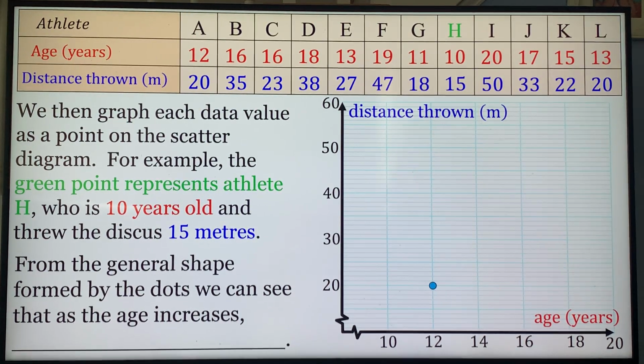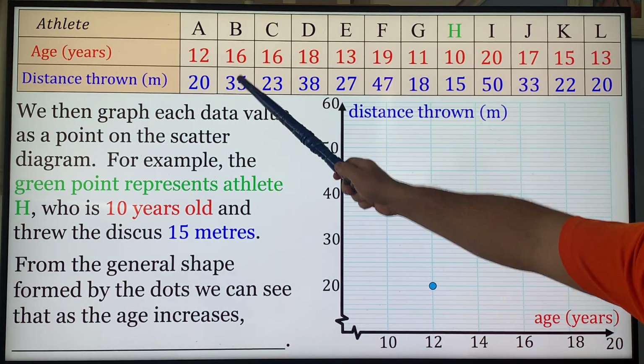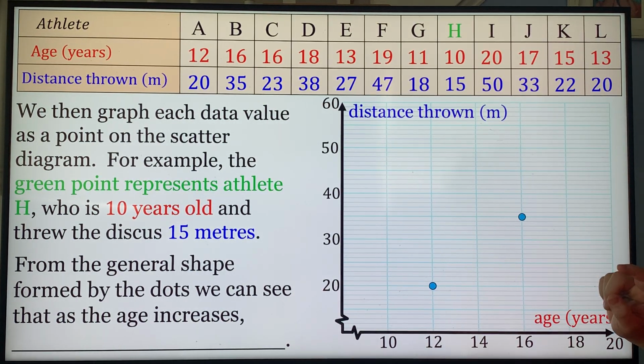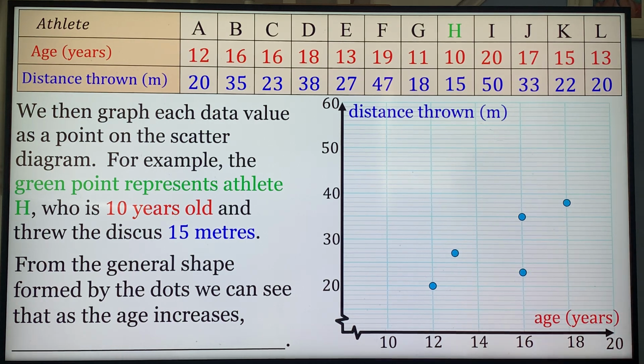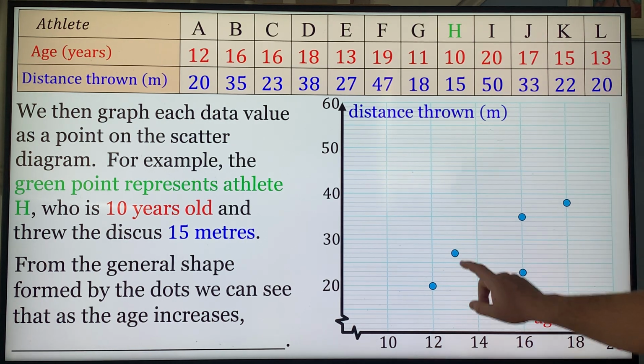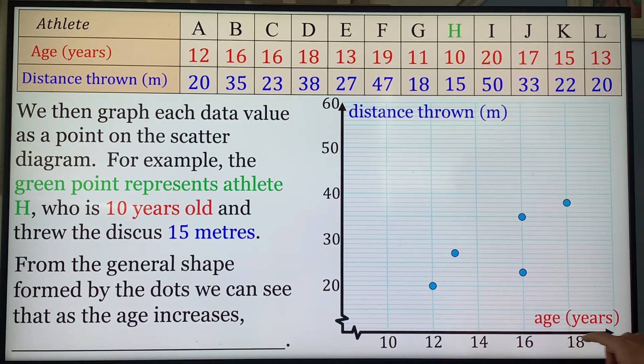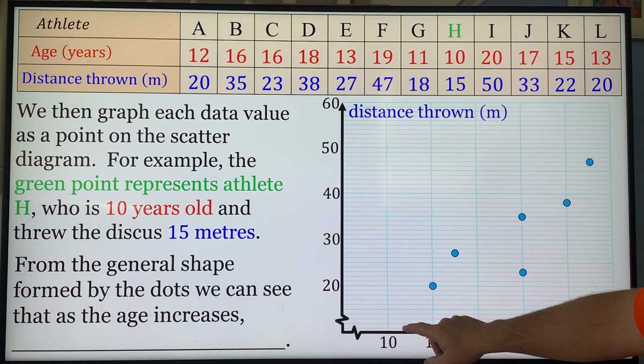I'm going to pretend I gave you lots of time, and I'm going to unpause it. So let's do this. 16, 35. I'm just going to touch it. 16, 23. 18, 38. 13, between 12 and 14 is 13, 38. 19, 47, which is all the way over here. 11, 18.